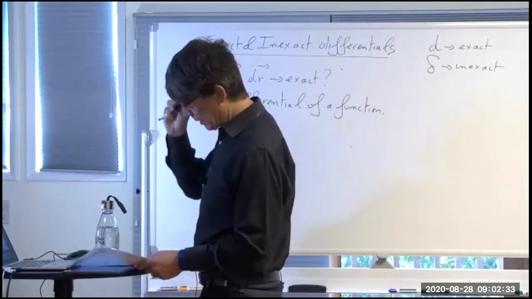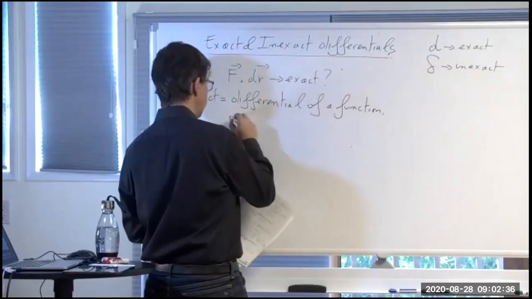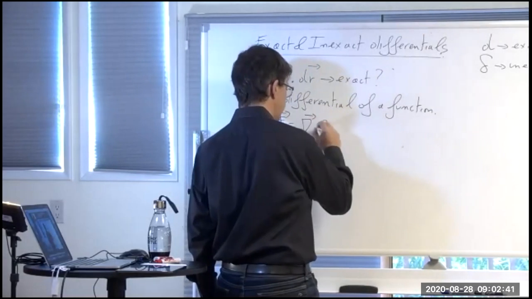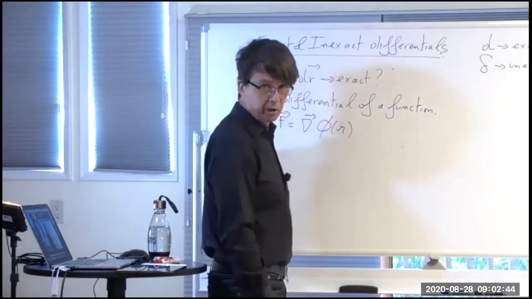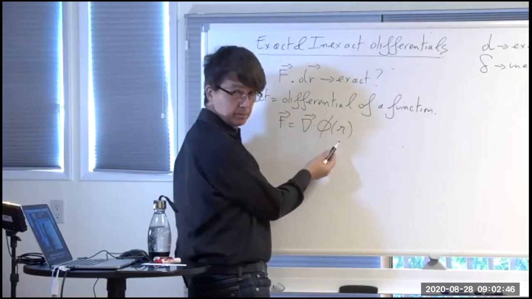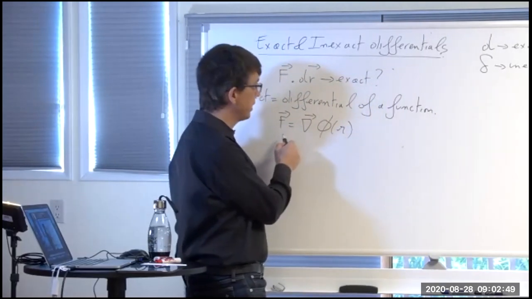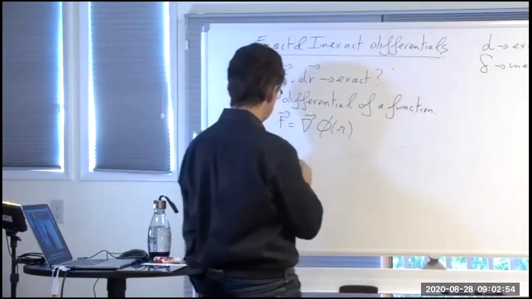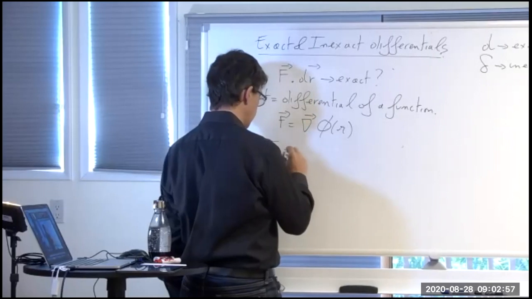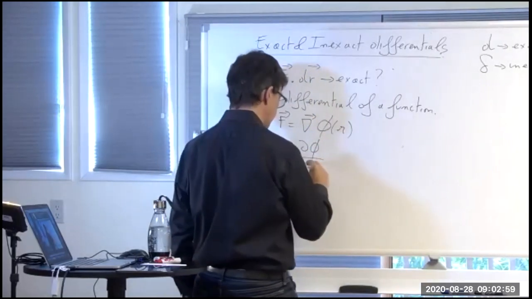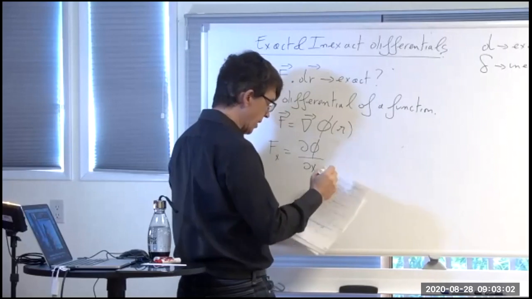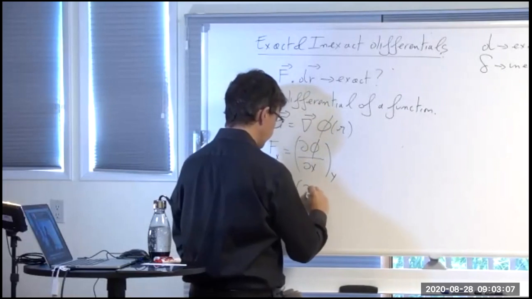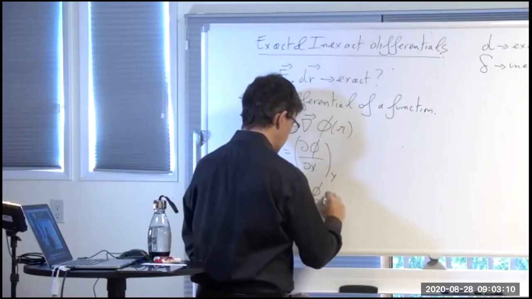And of course that implies that F has to be the gradient of that function with respect to r, right? So if I have some function of r and F is the gradient of that, then F dr is an exact differential. If I write that out more, F_x would be the derivative of the function with respect to x at constant y, and F_y would be the derivative of the function with respect to y at constant x.